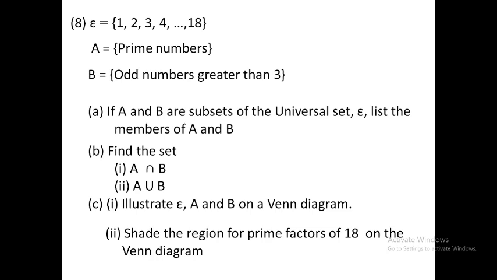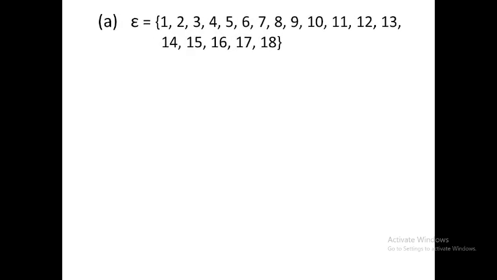Let's compare our answers. The first one, the universal set. So this is what you should have. That is 1, 2, 3, 4, 5, 6, 7, 8, 9, 10, 11, 12, 13, 14, 15, 16, 17, and 18.